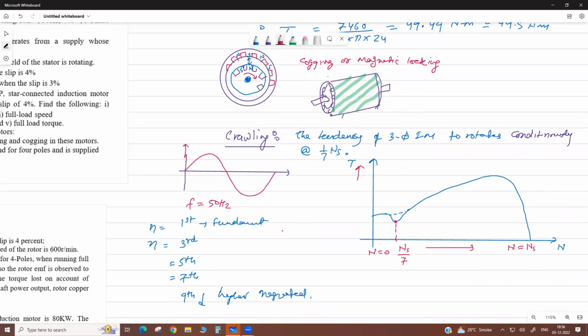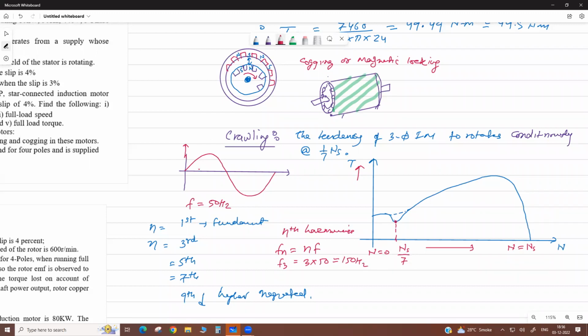If we talk about the nth harmonic, its frequency will be n times the fundamental. If we talk about the third harmonic, the frequency is 3 times 50, which is 150 hertz.